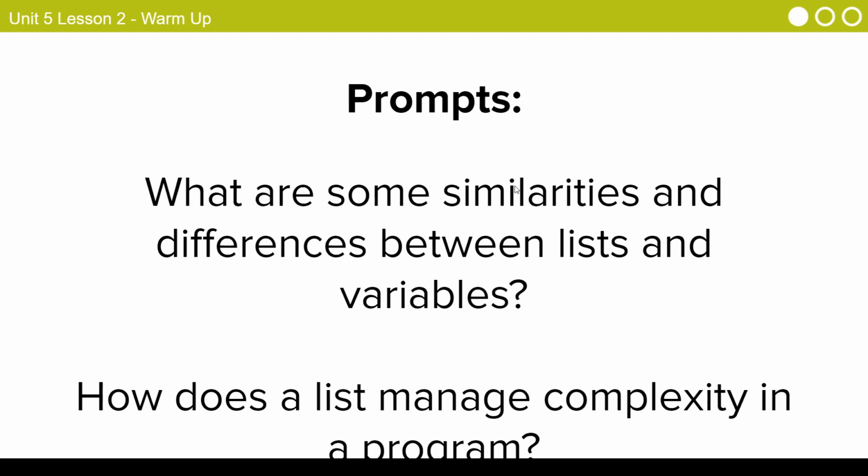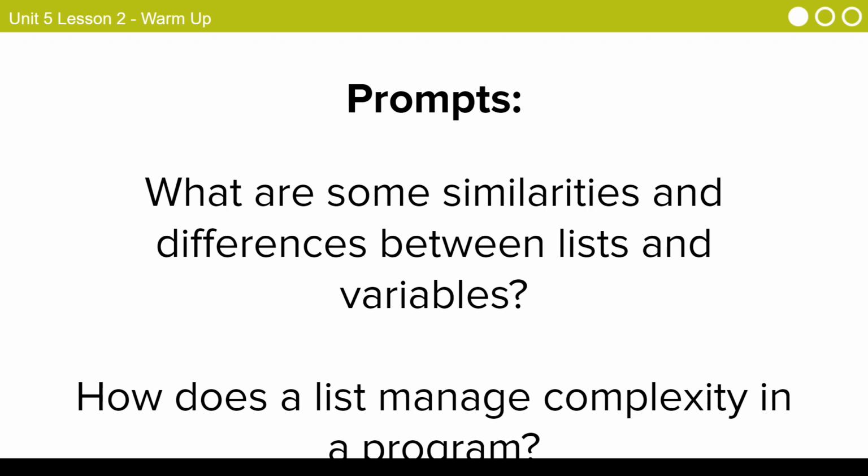So real quick, we're just going to rehash. So what are lists? Also some similarities between lists and variables. And when I say similarities, what I'm really talking about is they are the same thing, right? Variables, in a very general sense, are just things that store information for us, of which lists very much do that.